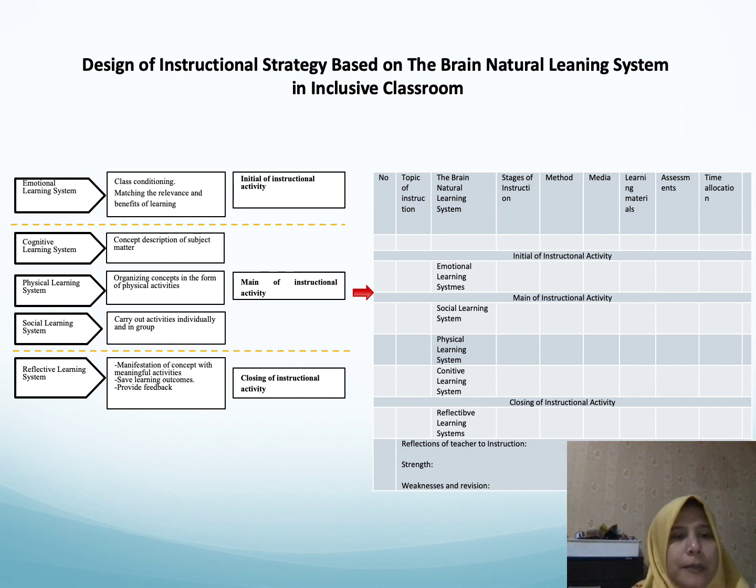For the physical learning system, the teacher can organize concepts in the form of physical activities. And for the social learning system, the teacher can carry out the activity individually or in a group. So that is the main instructional activity.